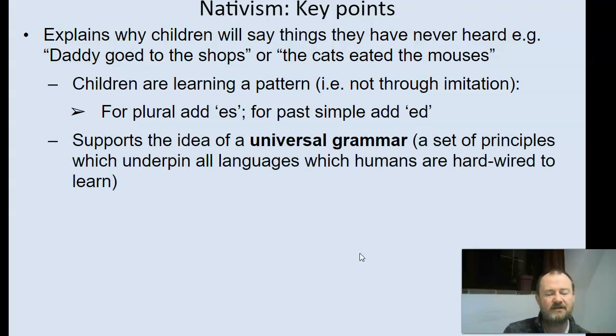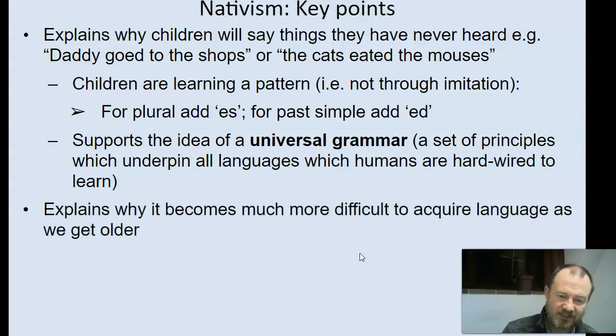And going to Chomsky, Chomsky says that this supports the idea of a universal grammar. Basically, that children are hardwired to learn languages and that there are a set of universal principles which underlie all languages. Basically, all languages function in the same way, and children have a device, not a physical device, but a language acquisition device in their brains which enables them to acquire these rules.